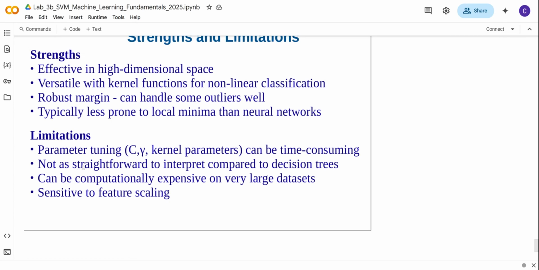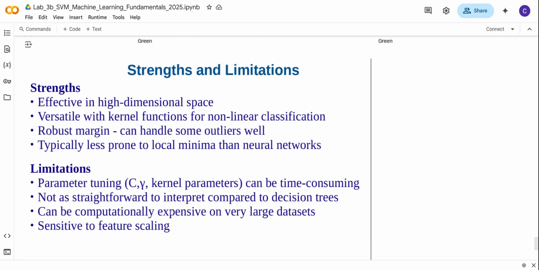The support vector machine is also quite difficult to interpret when we compare it to other methods such as decision trees. They can be very computationally expensive, especially if you run them on large data sets. And they are also sensitive to scaling, as we have seen with the k-nearest neighbor.